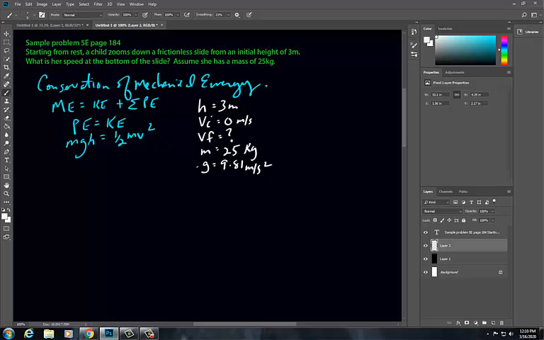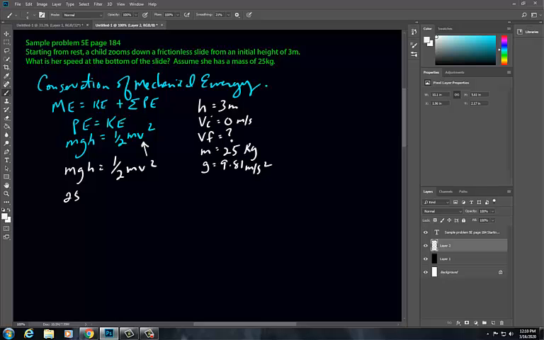All right, and so we can plug all this in here. We basically know everything except for v. So this problem here is pretty simple, really. This is sample problem 5E on page 184. So if we're going to do mgh equals 1/2 mv squared, we can plug in what we know.